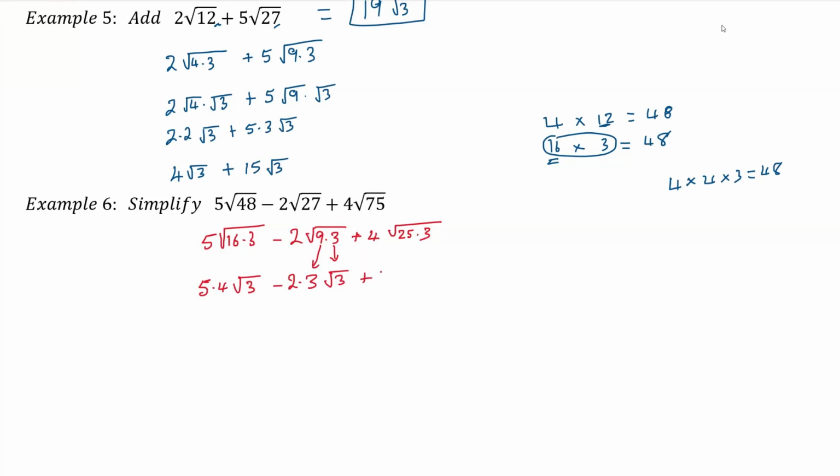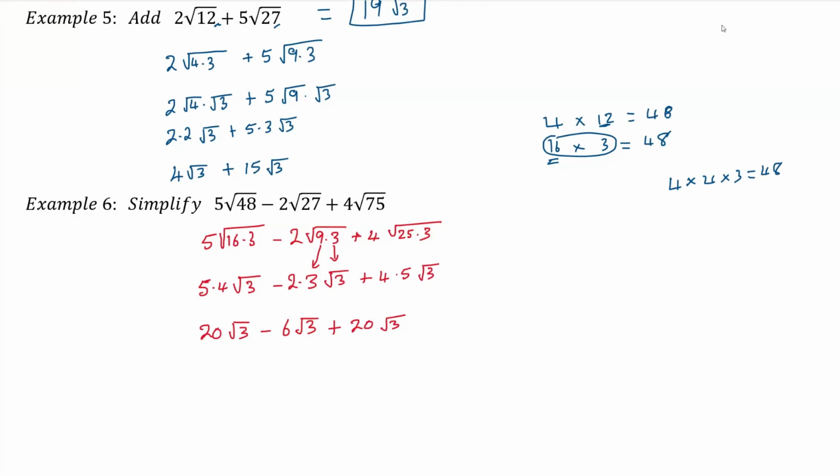And then plus 4 times, square root of 25 is 5, and the square root of 3 is left inside. So you end up with 20 times square root of 3 minus 6 times square root of 3 plus another 20 times square root of 3.